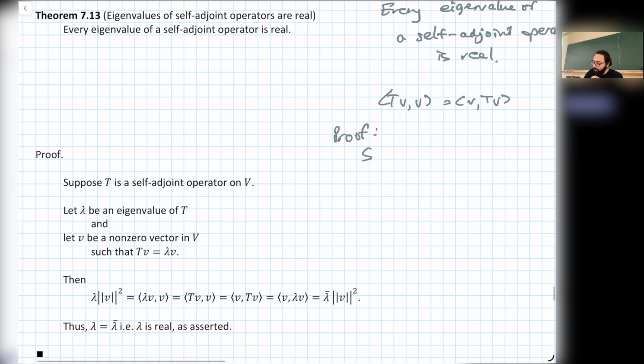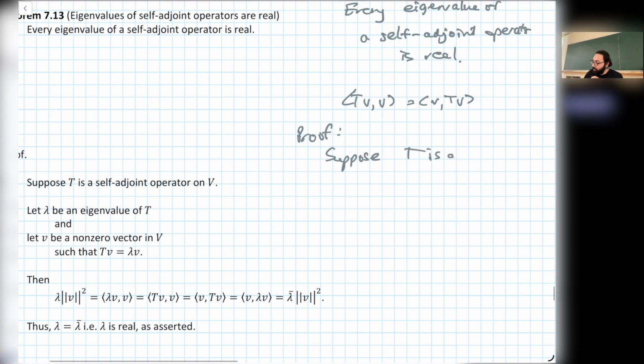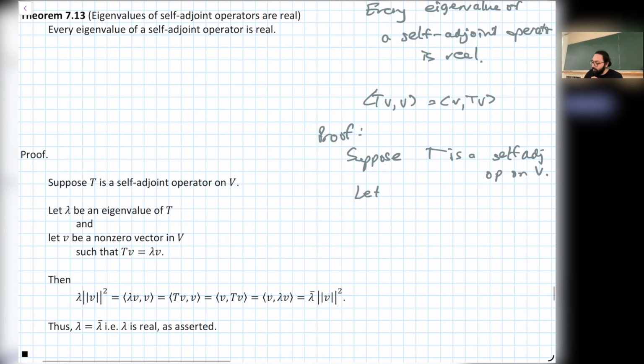So suppose T is a self-adjoint operator on V, okay? And let lambda be an eigenvalue of T, okay?